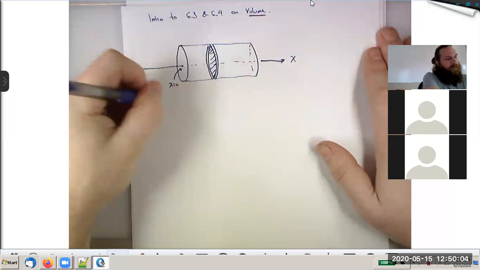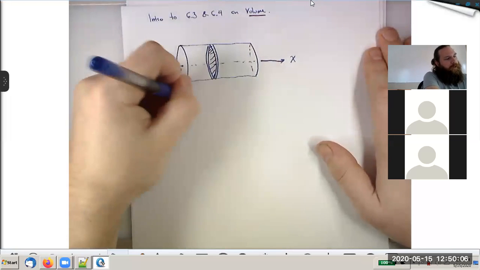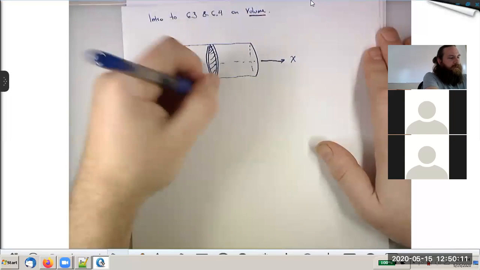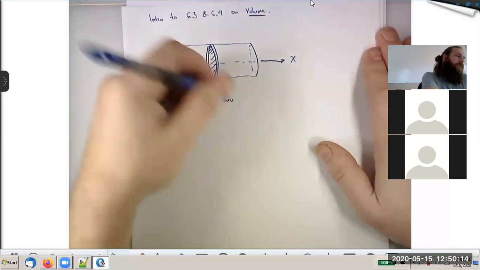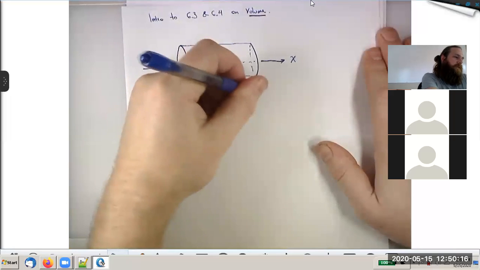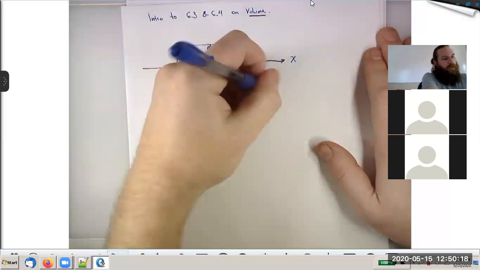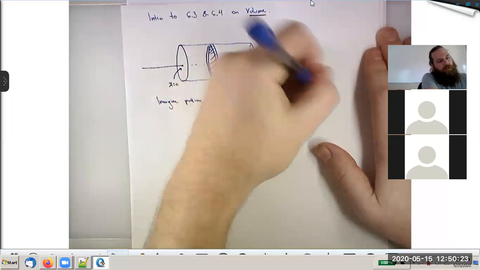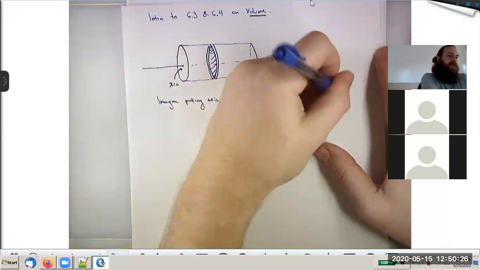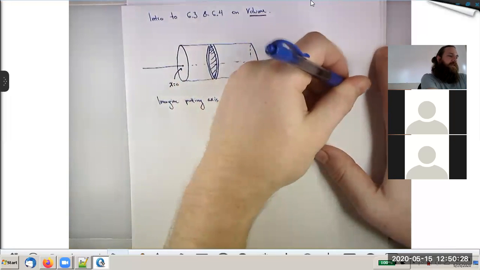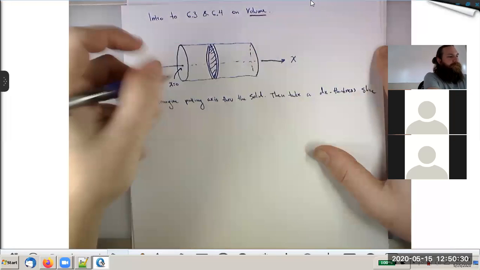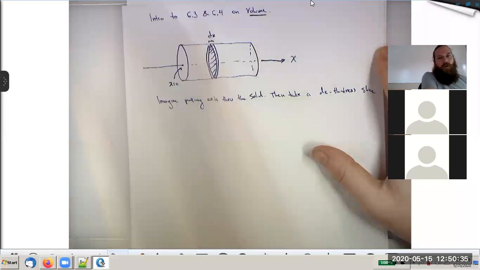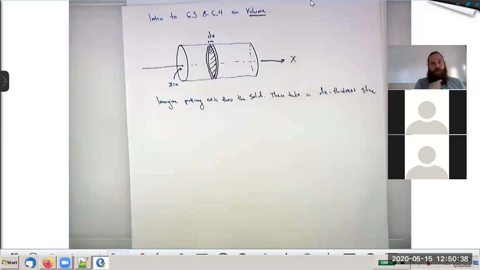So imagine putting an axis through the solid. Then take a dx thickness slice. So the thickness of this little slice I've taken here is dx. Some tiny little thickness slice.